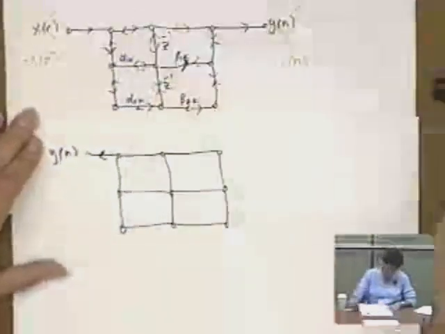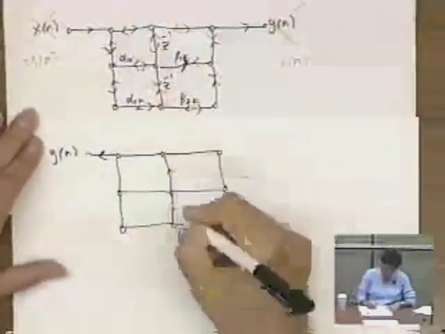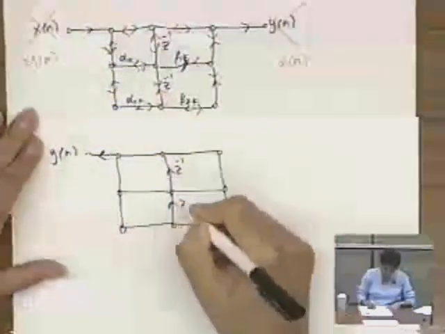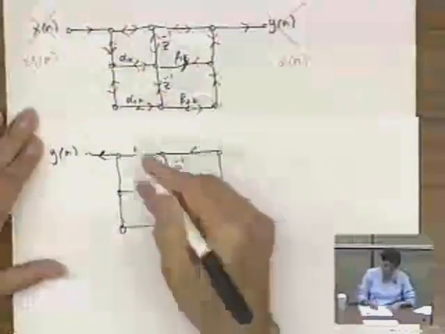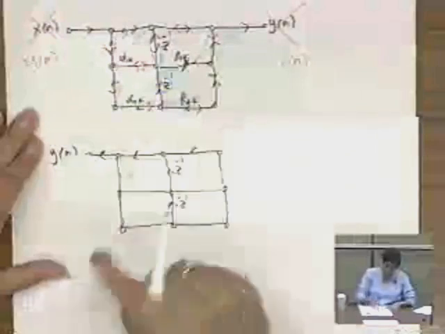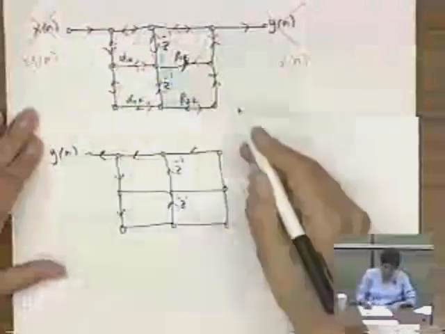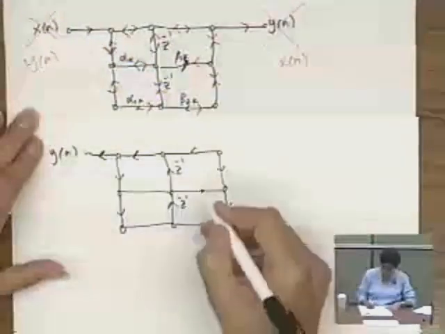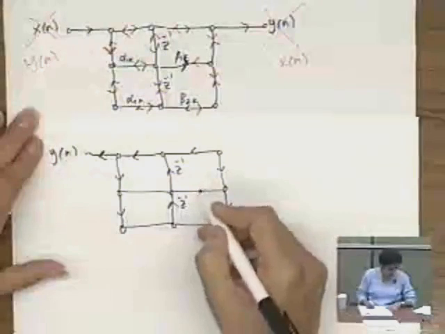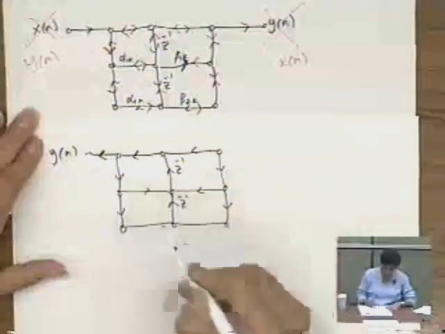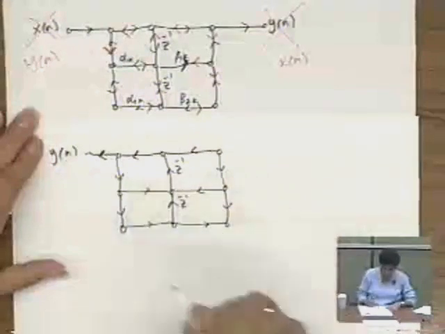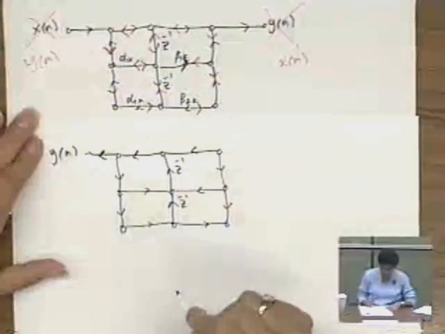So this would be up, and this would be up. So they have two delay elements going up now, the inverses. The red arrows repeat here. These go down. These go down. And these go towards this node. This one goes that way.